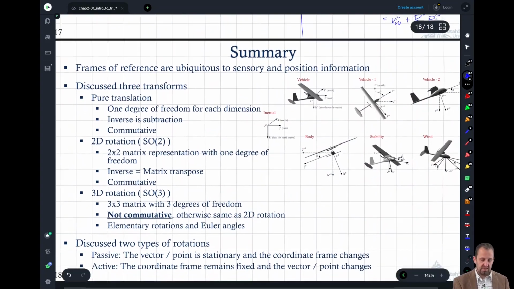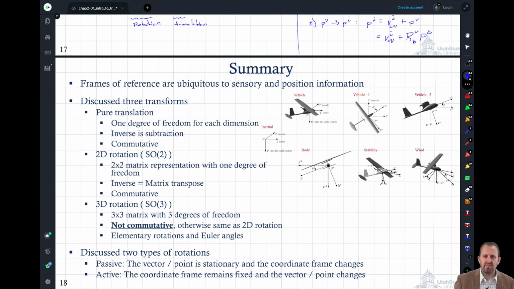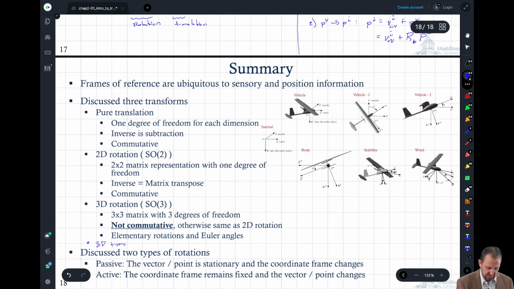Okay, so just in summary, we have defined different frames of reference where we can talk about points and vectors in an easier fashion. We discussed three basic transforms: the pure translation, a 2D rotation, a 3D rotation, and we have our 3D translation and rotation, and it really just puts the two together.